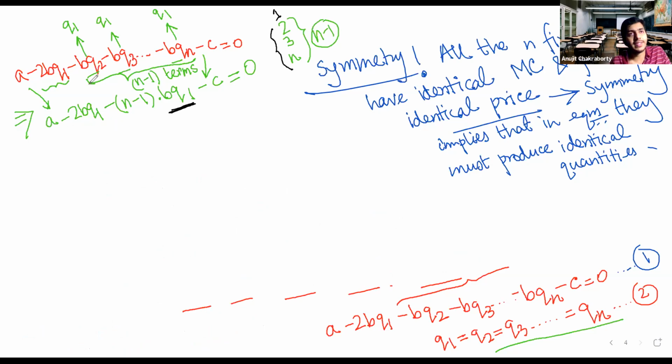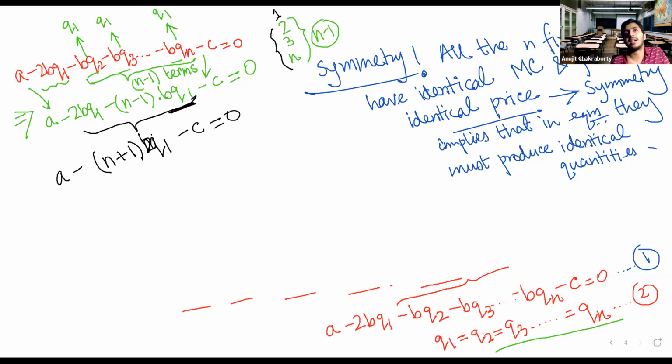So then what is this? We have a minus twice bq1 minus n minus 1 bq1 minus c equal to 0. So what that means is that a minus, now we are going to add these two terms up, and you would see that it gives you n plus 1 bq1 minus c is equal to 0.